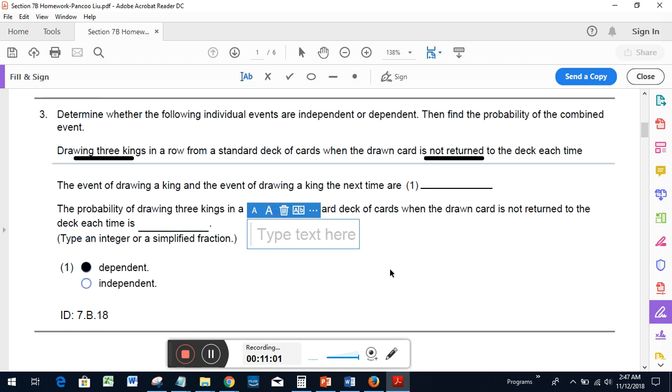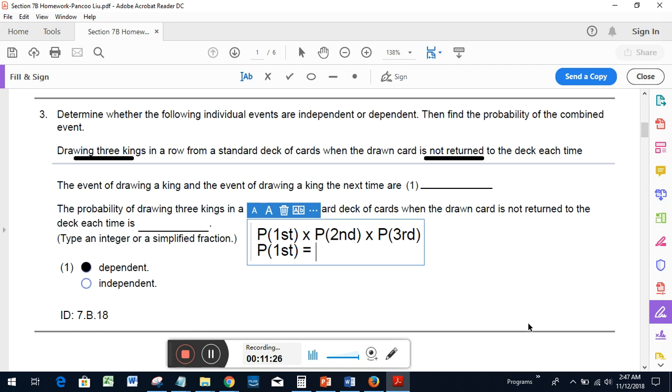In the second blank, basically we're going to figure out the probability. So in this case, we're going to have to do probability of the first card times probability of your second card times probability of your third card. So your first card, probability of your first card, is equal to the number of kings in the deck of cards.